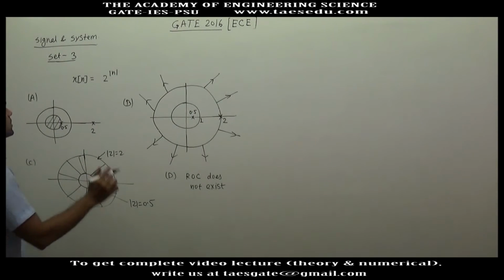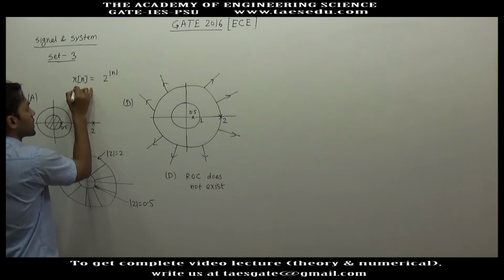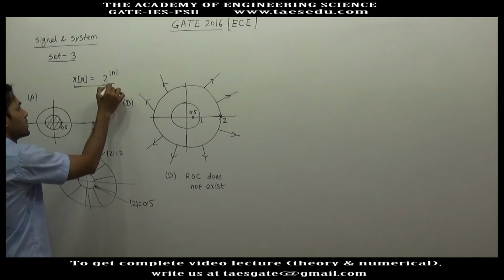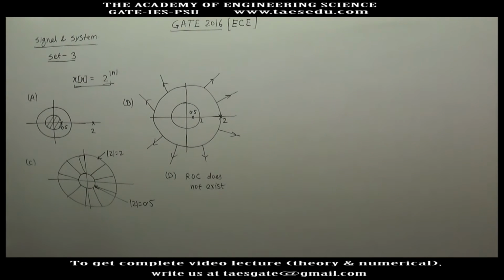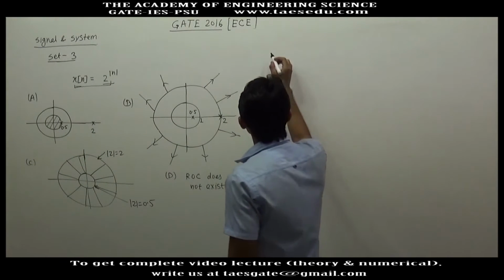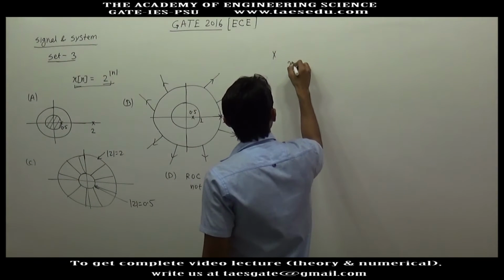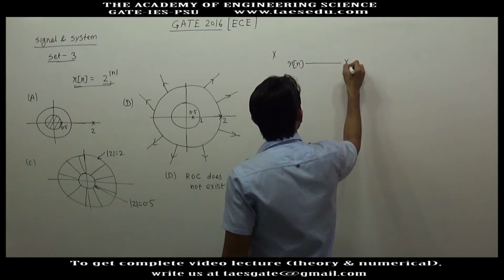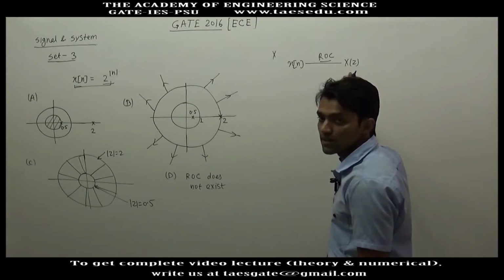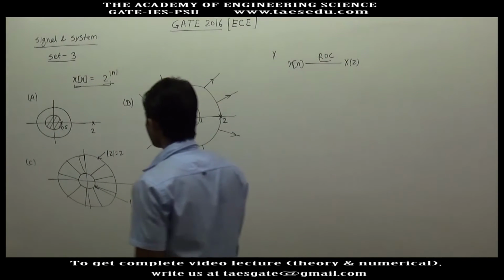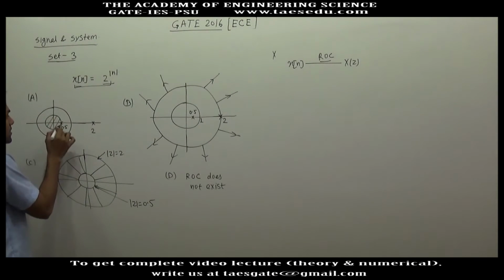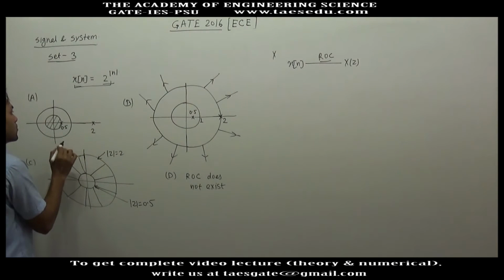Okay, we are given a signal x[n] equal to 2 to power mod n, and for this signal we have to find the region of convergence. We are given a discrete time signal, and while calculating its z transform X(z), we have to find the region of convergence for which the z transform will exist. The first option says the region of convergence should be inside the circle mod z equal to 0.5.